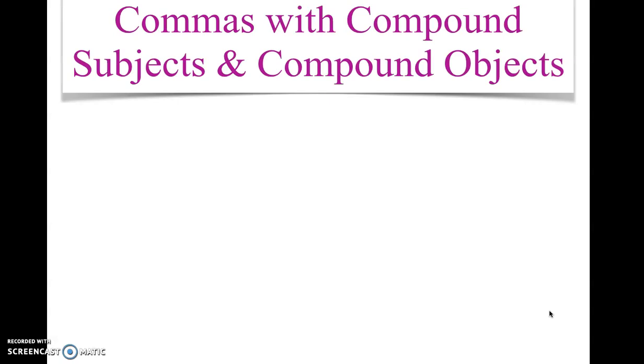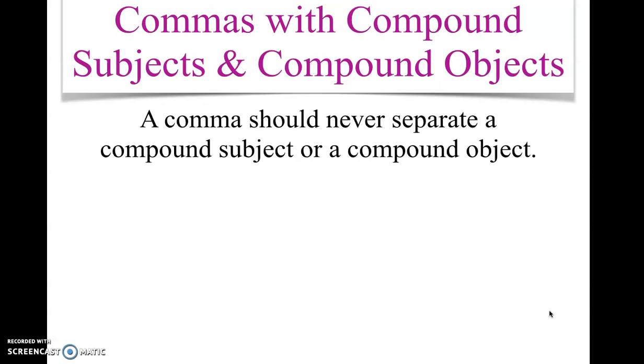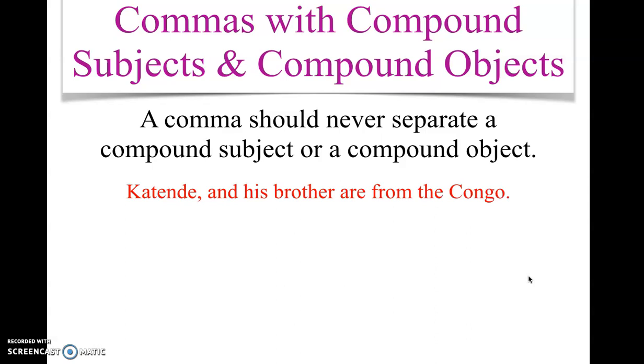Another situation, commas with compound subjects and compound objects. A comma should never separate a compound subject or a compound object. Katende and his brother are from the Congo. The subject is two people, Katende and his brother. Okay? We cannot just separate them with a comma, right?